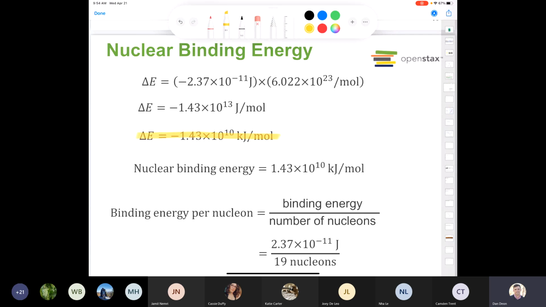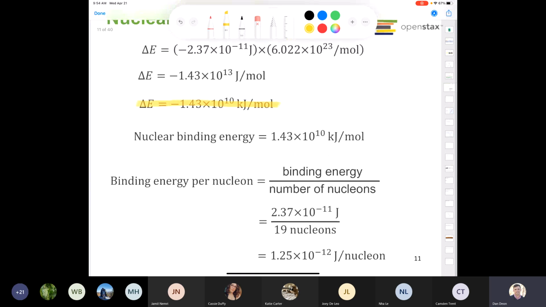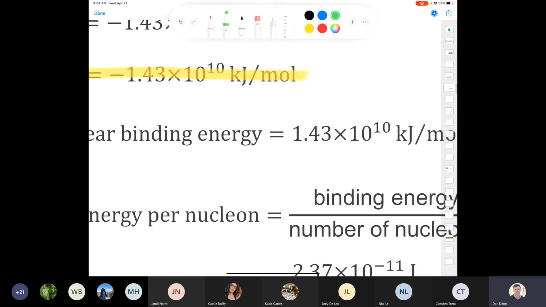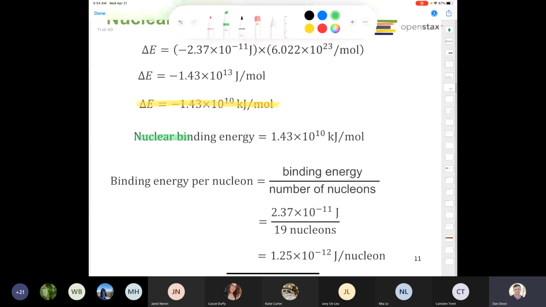Now we're looking at amounts of energy that are way bigger than any exothermic reaction that we looked at in the thermochemistry chapter of General Chemistry 1. So that tells me that since 1.43 times 10 to the power of 10 kilojoules are released for every mole, the nuclear binding energy, or the amount of energy that it would take to break apart the nuclei, is the same amount. But now it's a positive number because I'd have to put that energy in.